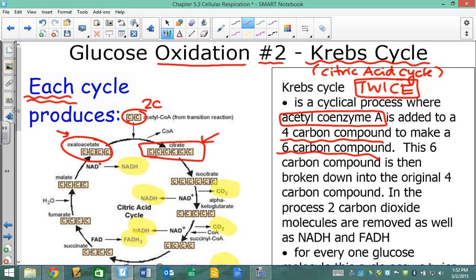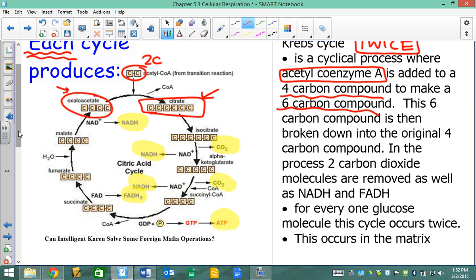Now what happens is that this 6-carbon compound, which is technically called citrate, is then broken down over a series of steps all the way back up here to the original 4-carbon compound.